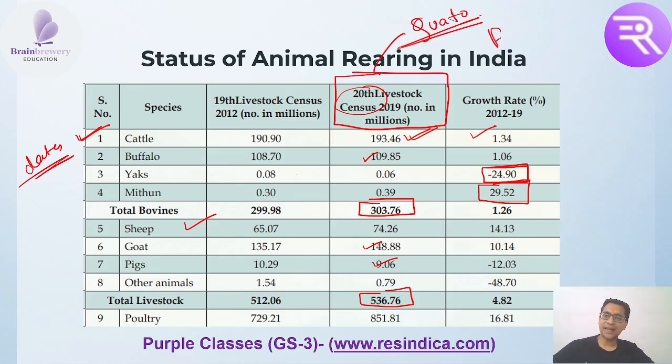This is what the examiner needs, whether you know the data or not, because everybody will be writing answers, but whose answer will be totally different? Any person who is quoting the government data and government reports, underlining and then explaining and critically analyzing these things, right? So this is how you prepare for the UPSC examination, right?